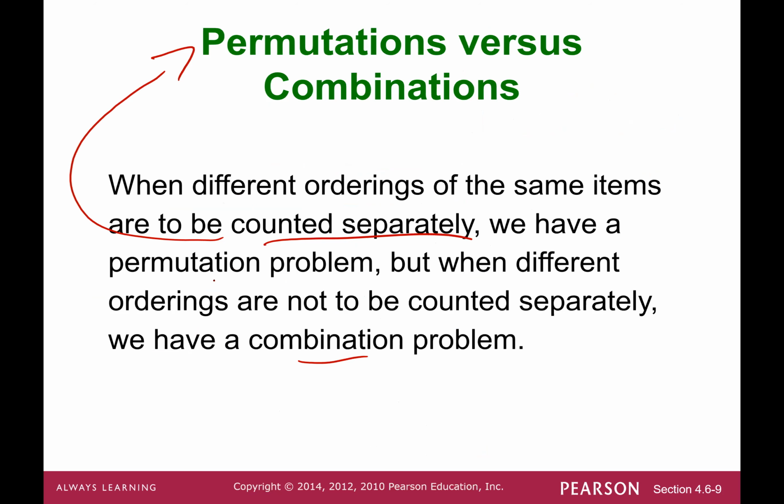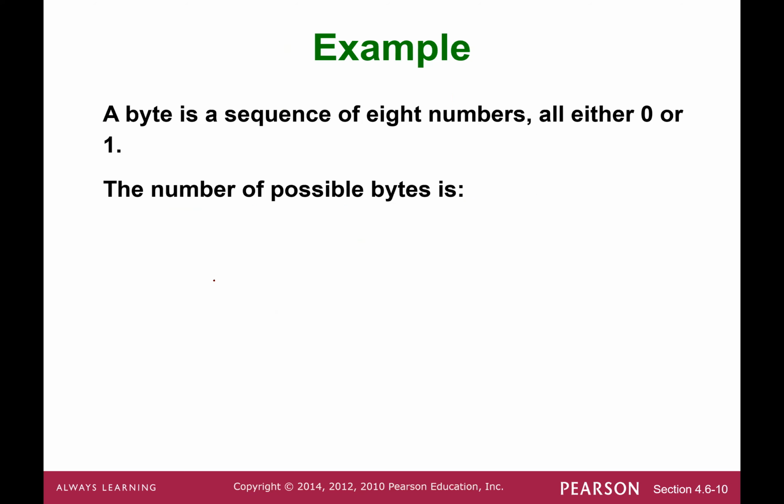Okay, think about this. Let's say a byte is a sequence of 8 numbers, each either 0 or 1. Our computer system, the internet, is built based on bytes. Remember when they first programmed the computer, they used 0s and 1s for each command. So basically you have 8 numbers here.